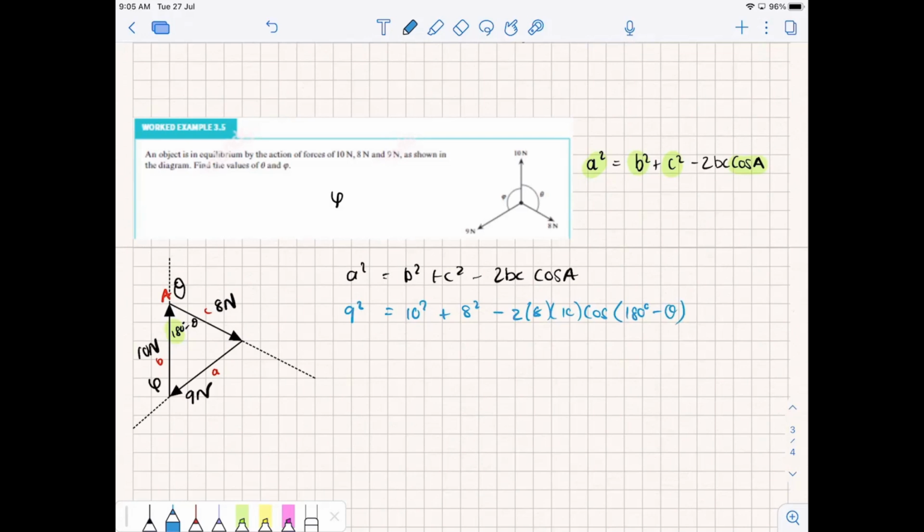And now we can just solve for theta. All right, you're going to get the cos of 180 degrees minus theta, right? You're going to get a minus number because remember cos is negative, right?